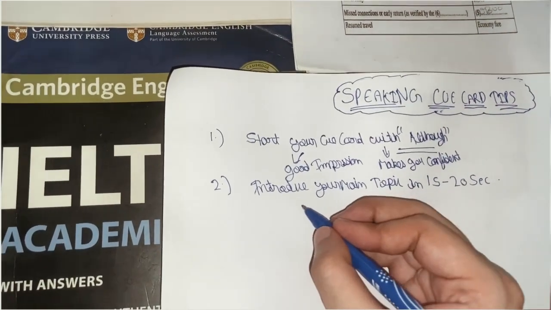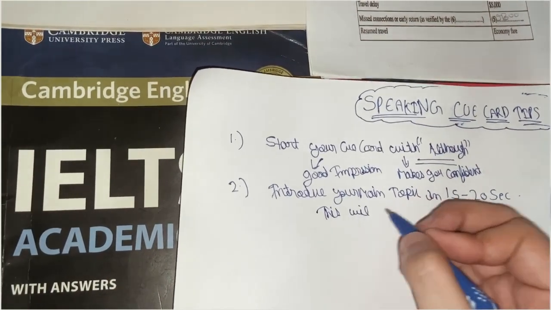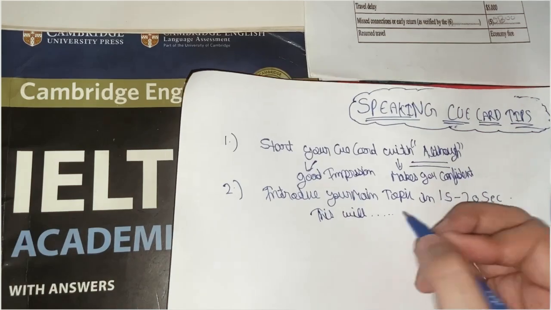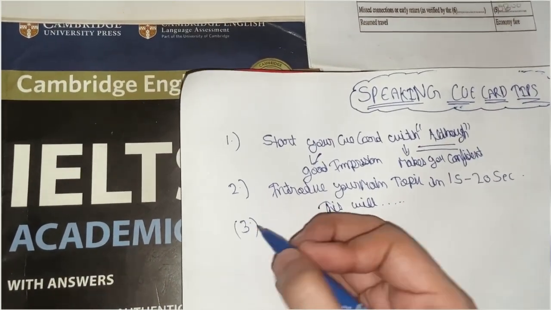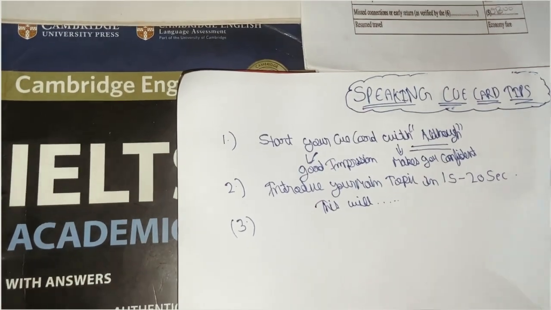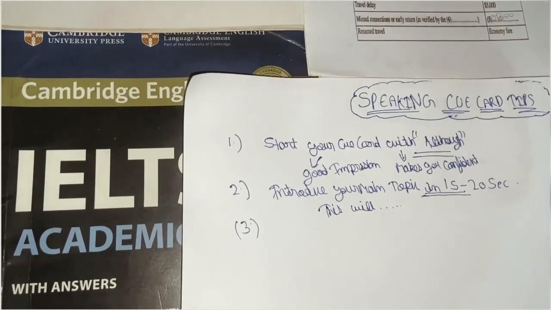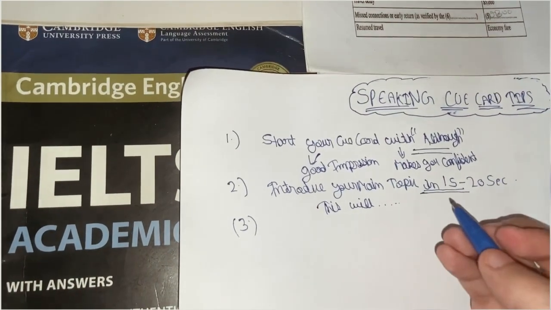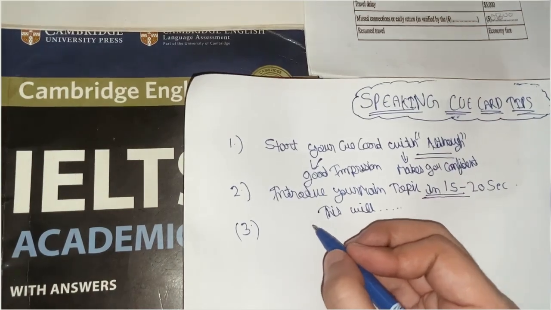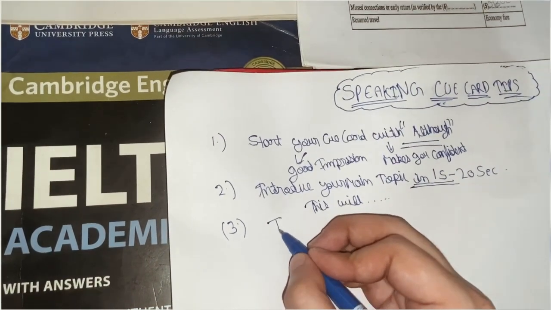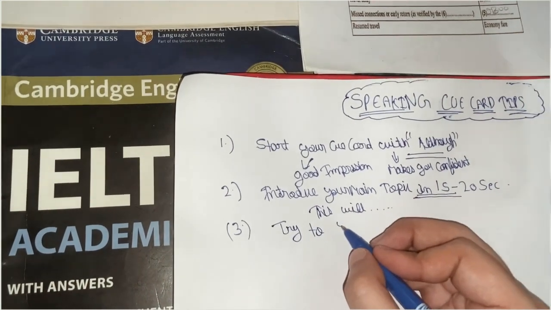Introducing your main topic, what you are going to talk about, will help the examiner get a view of everything you're going to speak in the 1 to 2 minutes. It will also give you an idea about what you can add in this cue card, so that you will not face any difficulty while answering this.